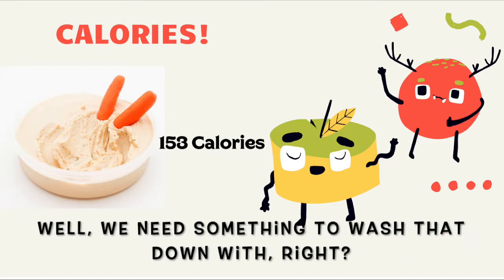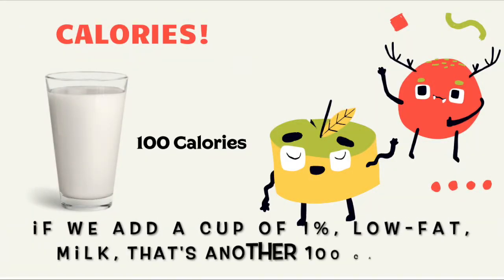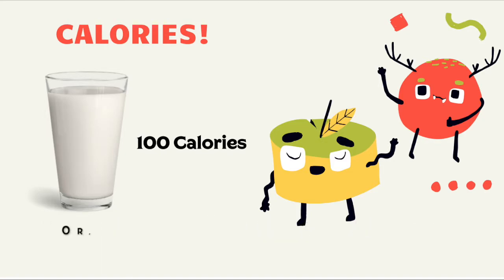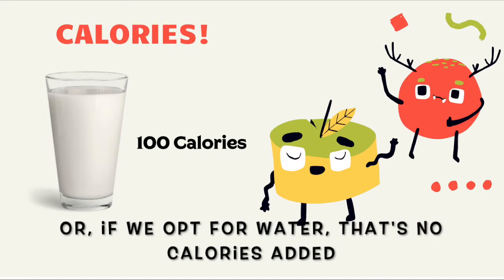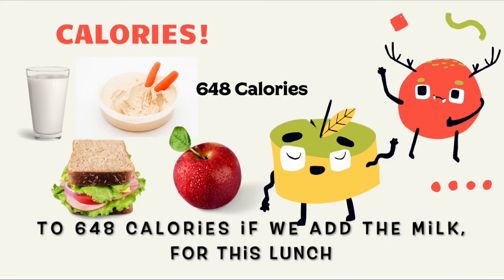Well, we need something to wash that down with, right? If we add a cup of 1% low-fat milk, that's another 100 calories. Or if we opt for water, that's no calories added. In all, we're looking at 548 calories to 648 calories if we add the milk for this lunch.